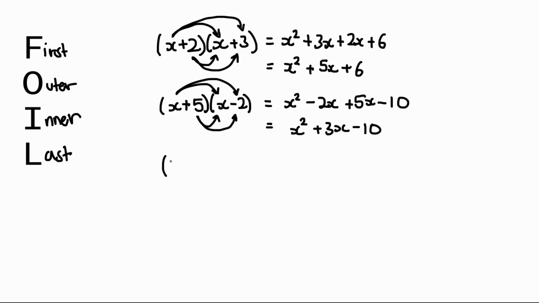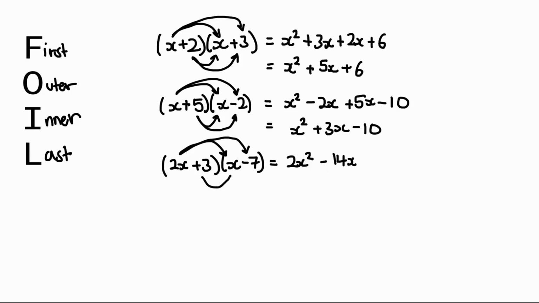Our next example is 2x plus 3 and x minus 7. Beginning with the first, we have 2x times x, which is 2x squared. Now 2x times minus 7, which is minus 14x.